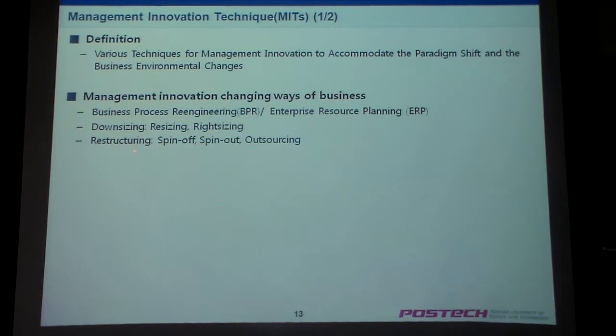And the restructuring, there are some restructuring concepts. Spin-off: a certain company is spun off from a mother company and becomes a new company. It's a spin-off. Spin-out is where a new company is spun out from the mother company.